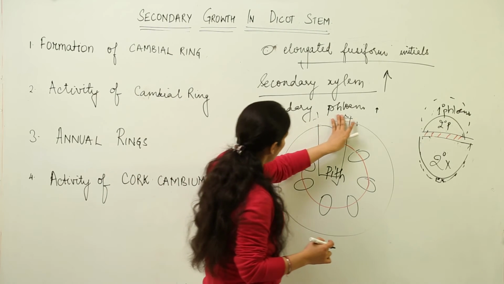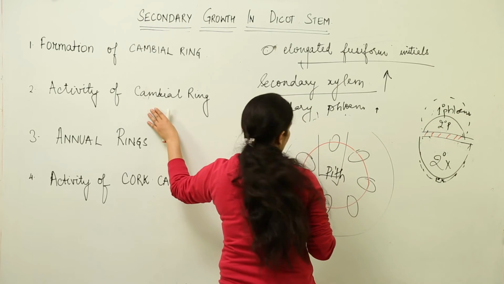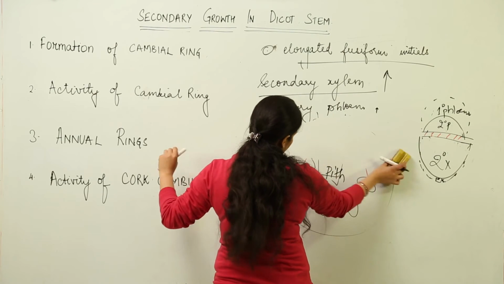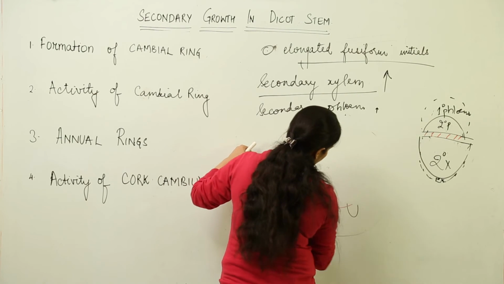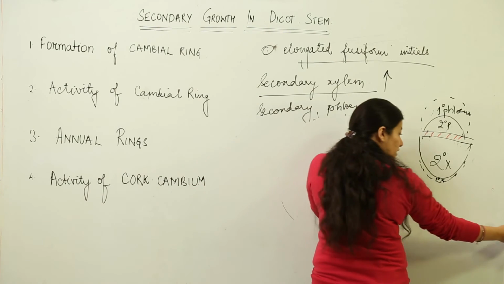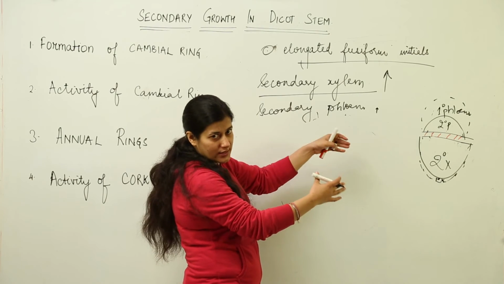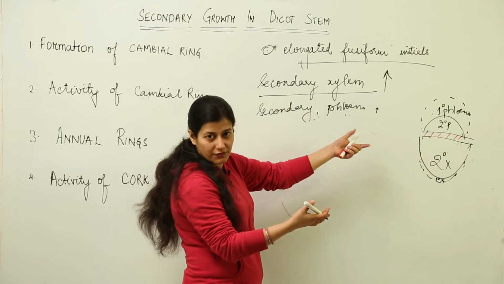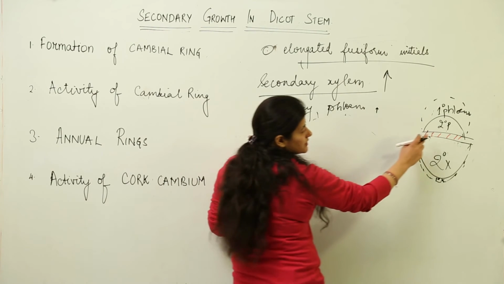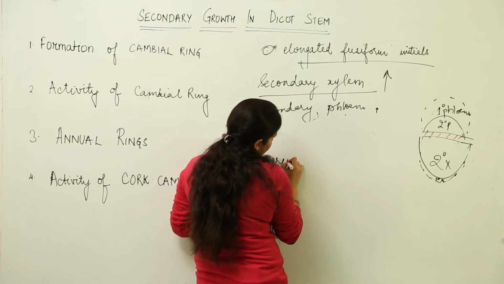And one more thing that we have to keep track of when we study the activity of the cambial ring: at times both interfascicular and intrafascicular cambium, apart from giving rise to the secondary phloem and secondary xylem, may give rise to parenchymatous cells.